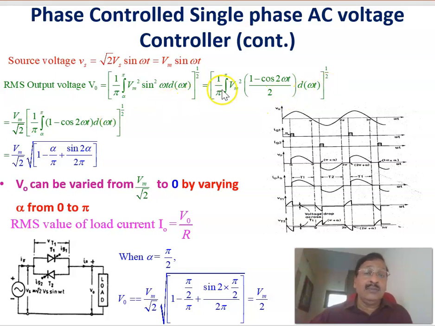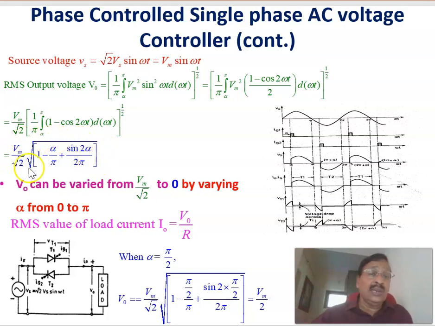Taking Vm outside, we get Vm divided by root 2 into the square root of 1 by pi integral alpha to pi of 1 minus cos 2 omega t d omega t. Now if you integrate this and substitute the limits alpha to pi, the equation becomes Vm by root 2 into the square root of 1 minus alpha by pi plus sin 2 alpha divided by 2 pi.